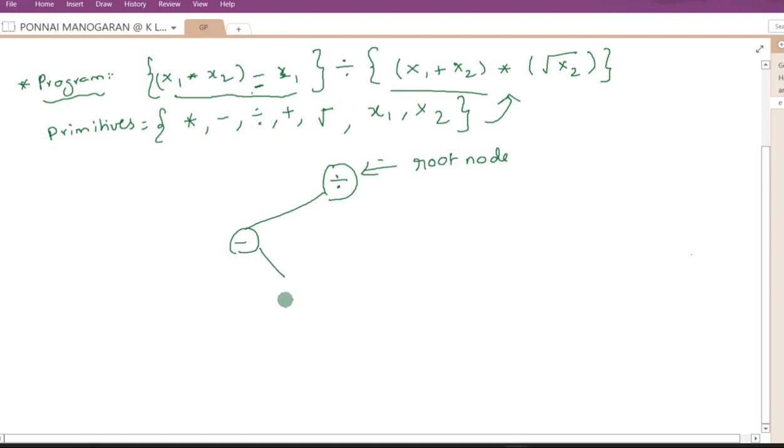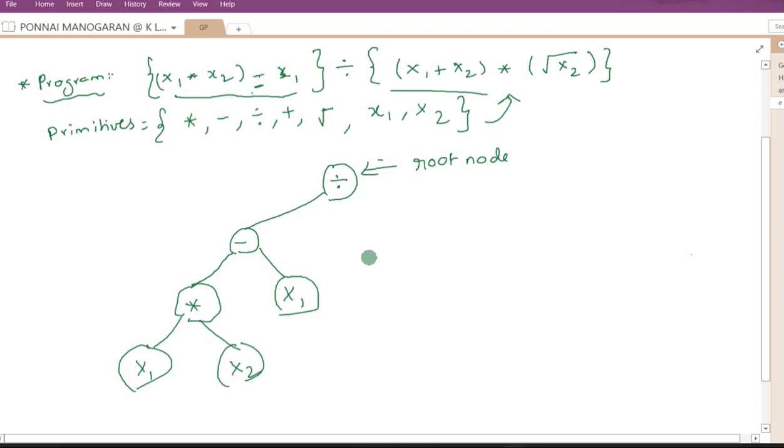Here terminals are constants or variables, x1, and then for this operator you again have a left subtree and right subtree. For the left subtree, you have the multiplication operator, and then x1 and x2.